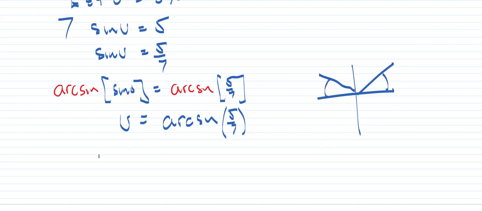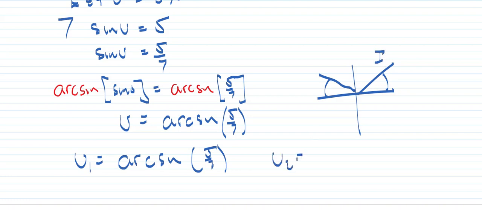And so our first angle, u sub 1, is going to be equal to the arc sine of 5/7, and that's going to give us the first quadrant angle. And then let's let u2 be equal to pi minus the arc sine of 5/7, and that's going to give us this angle over in the second quadrant. And that will give us our two smallest angles.